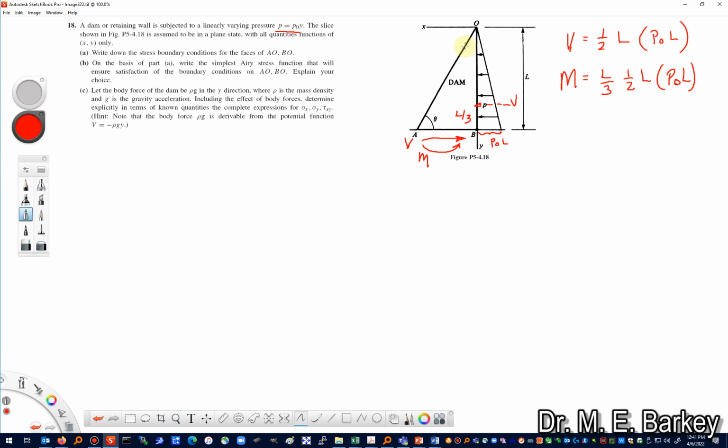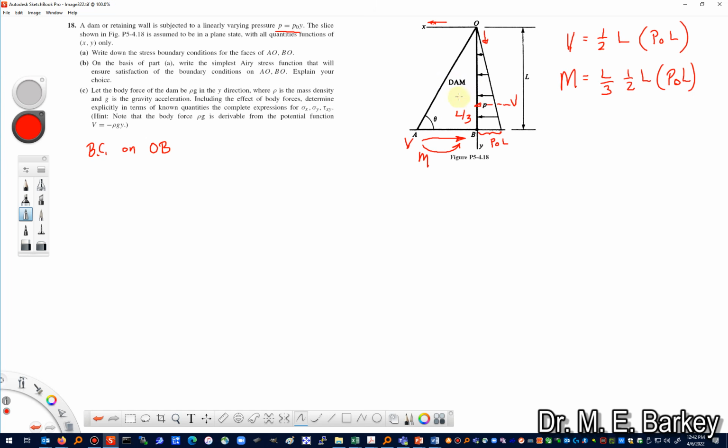I haven't mentioned it yet, but we've been using it. The coordinate system on this problem is a little unusual. Notice here that the x-axis goes this way and the y-axis goes down this way. There are two faces that we want to look at the boundary conditions, OA and OB. Let's look at OB first. It is subjected to a linearly varying pressure.